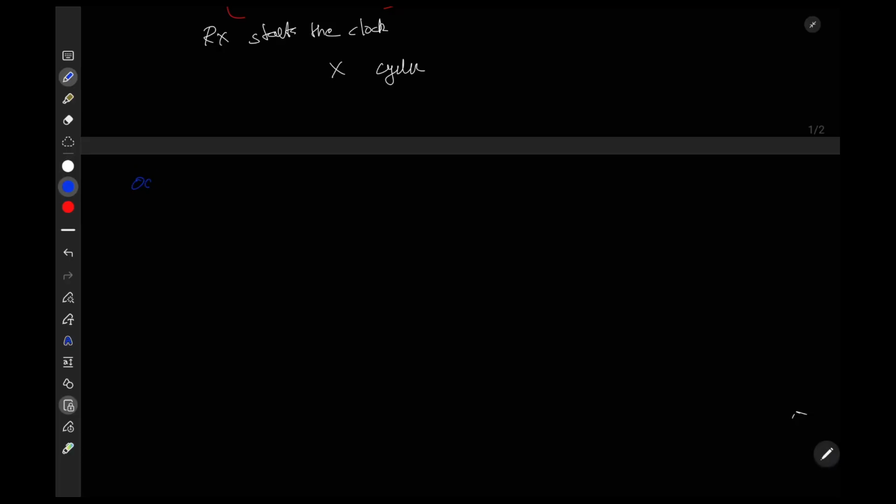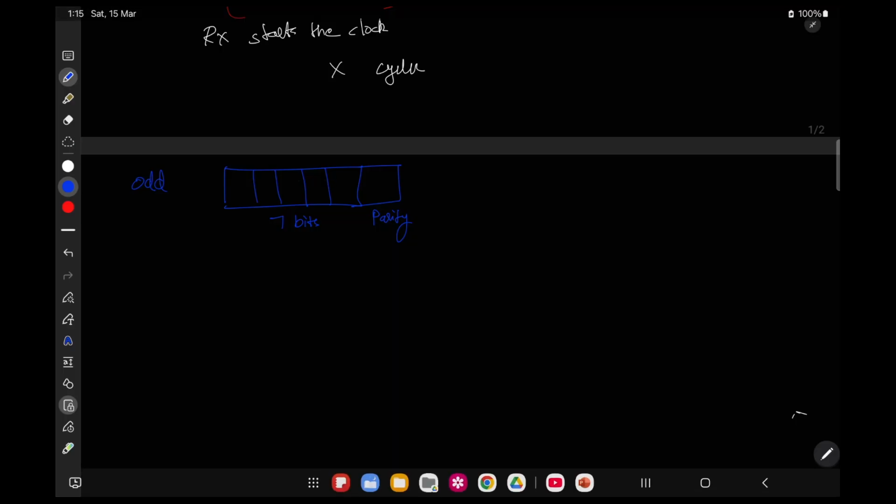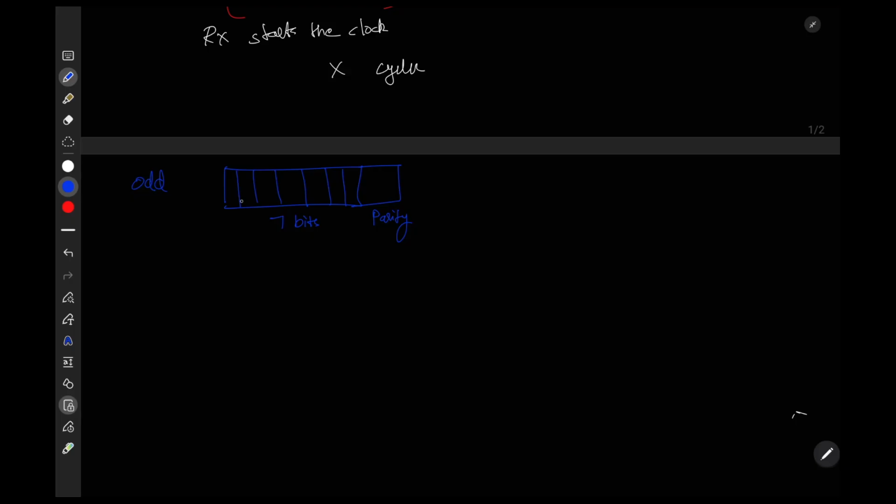Suppose you have seven bits of data and 1 bit of parity, and your data is 0 1 1 1 0 0 1.